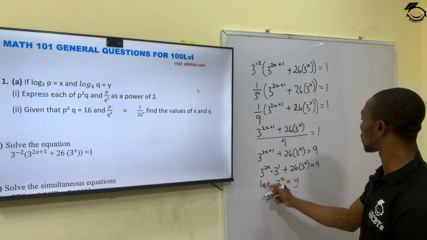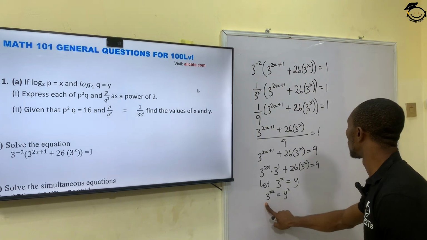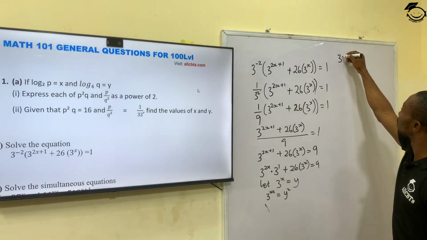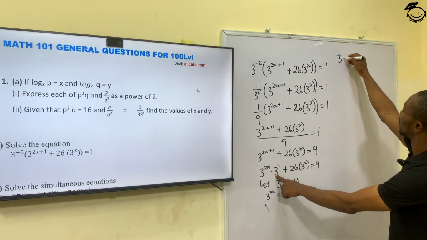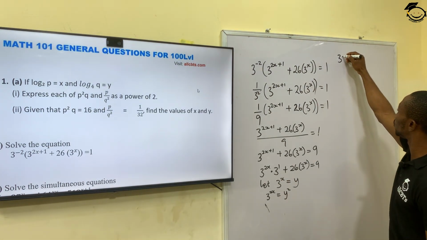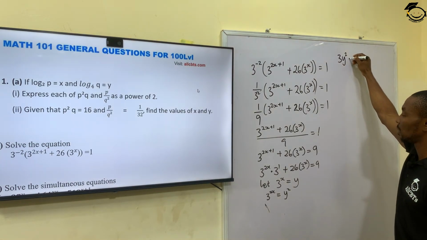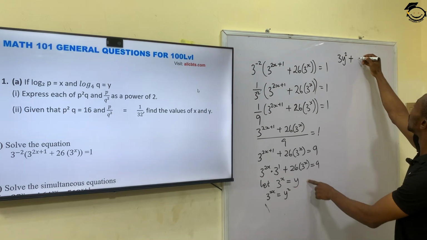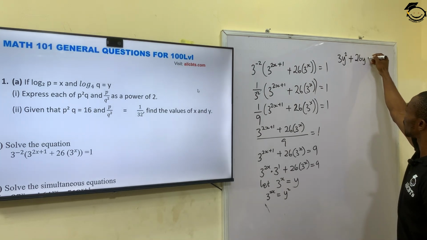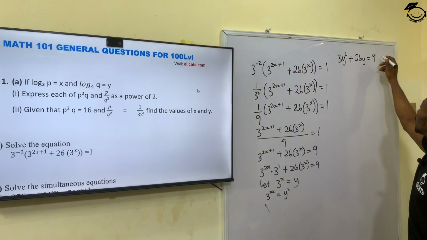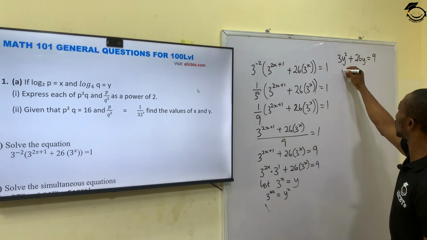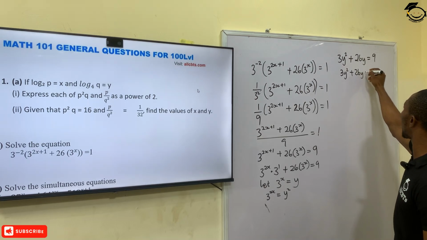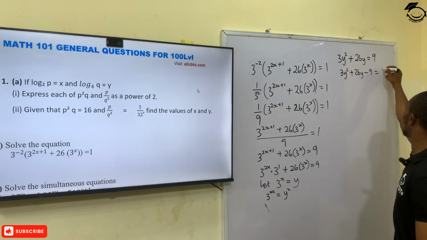So inputting this here, this becomes 3 times y raised to the power 2, which will give us 3y squared, plus 26 times y will give us 26y equals 9. Now moving this over here, this becomes 3y squared plus 26y minus 9 equals 0.